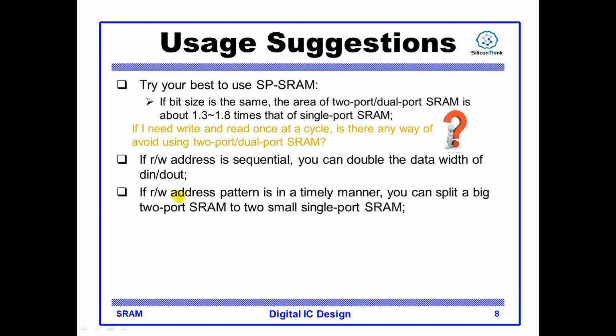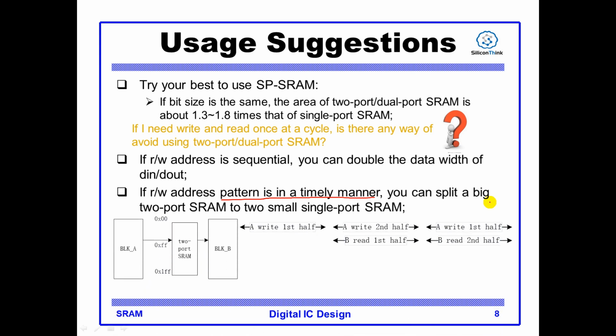And if the read-write address pattern is in a timely manner, let's see the waveform. This is a 2-port RAM between block A and block B. Block A will write to it, and block B will read from it. But the read-write pattern is in a timely manner. For example, the SRAM is typically divided into 2 parts.